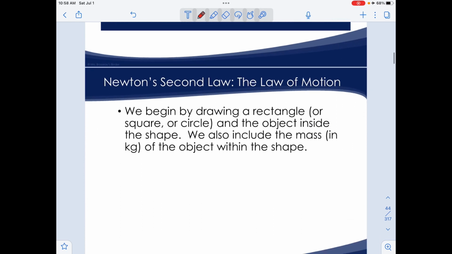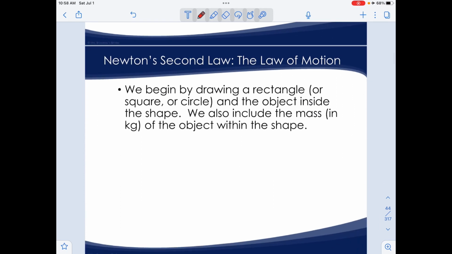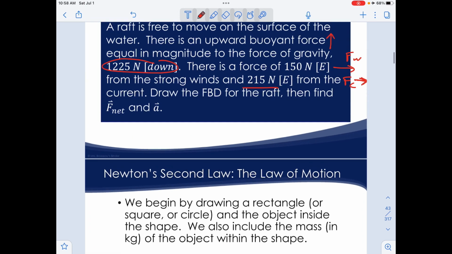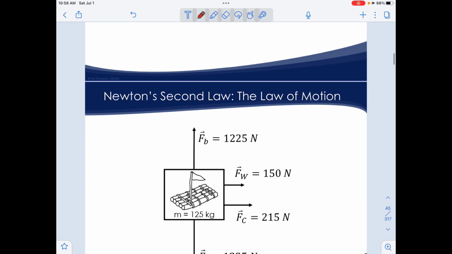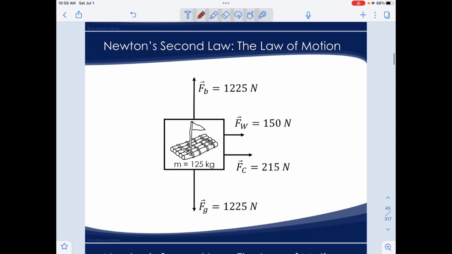First we begin by drawing a rectangle or square or circle. I usually like to use a square to represent the object that we're going to apply the forces on. And then a lot of times you can write the mass inside. And then you draw the diagram. We have a buoyant force that's pushing it up. We have a gravitational force that's pulling it down.